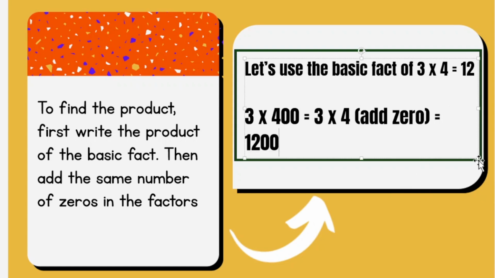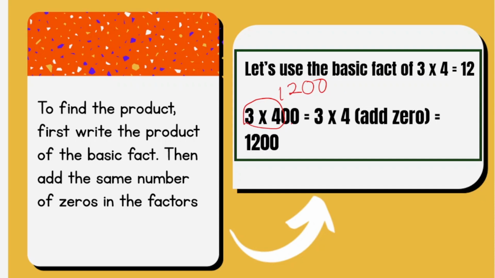So we're adding 2 zeros at the end. That means 3 times 400 is going to give us 1,200, because basically 3 times 4 gives us 12. Then we have 2 zeros, so just add the 2 zeros at the end, and that gives us 1,200. I hope this helps, right?